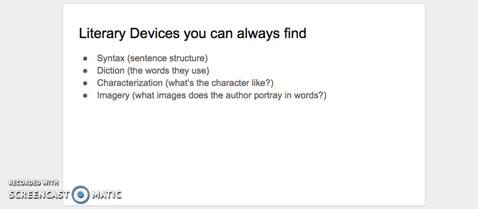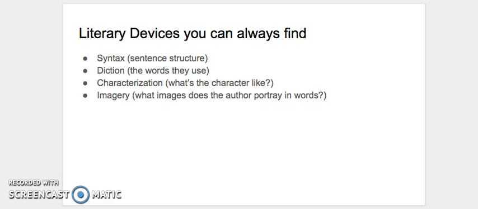Often the plot will create the type of character that you're discussing, and the behavior of that character will allow the author to create theme and to control a lot of the emotions of the reader. So it's a very valuable literary device, and a lot of literary devices also have the secondary effect of characterizing characters, obviously.